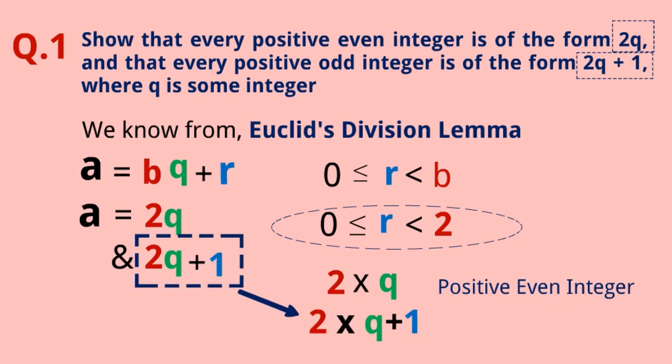This 2 multiplied by q is divisible by 2, so 2q is an even number, plus 1 is an odd number. So even plus odd is an odd number. So it is a positive odd integer. So we can say every positive even integer is of the form 2q and every positive odd integer is of the form 2q plus 1.